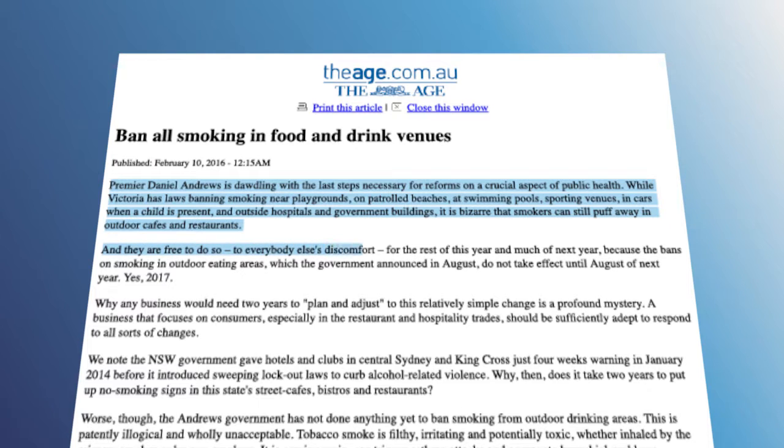And they are free to do so, to everybody else's discomfort for the rest of this year and much of the next year, because the bans on smoking in outdoor eating areas, which the government announced in August, do not take effect until August of next year. Yes, 2017. Okay, so let's see how to identify some of the techniques in that piece.